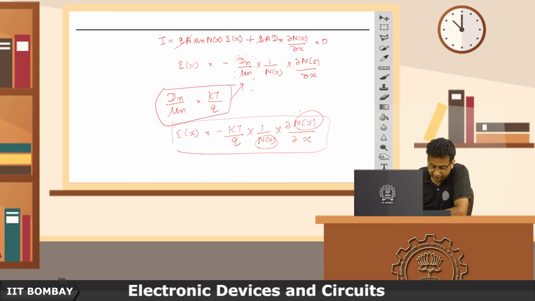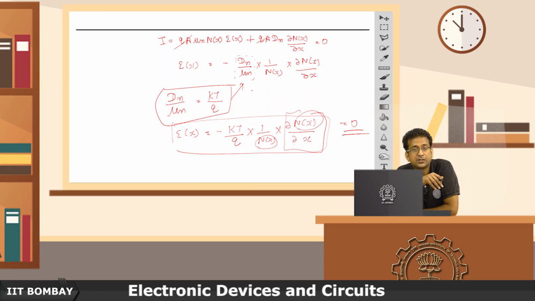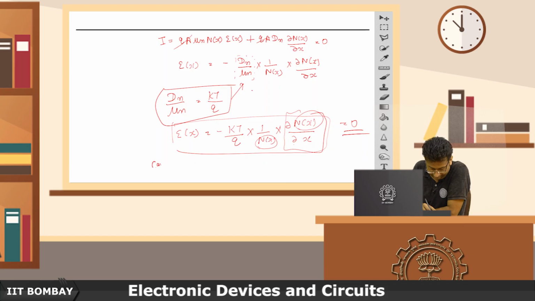If there is no gradient, it will be 0. So the source of this inbuilt electric field is just this gradient. If the gradient is 0, there will be no electric field, and if a gradient is there, then there will be an electric field.